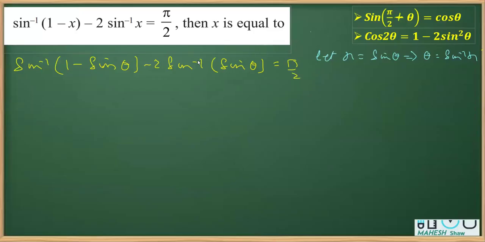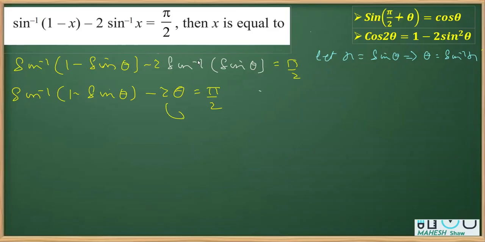Now in the next part, what I'm going to do is simplify sine inverse sine theta, which is theta. So we'll get sine inverse (1 minus sine theta) minus 2 theta, simplifying this sine inverse sine theta, which is equal to theta, and that is equal to pi by 2.